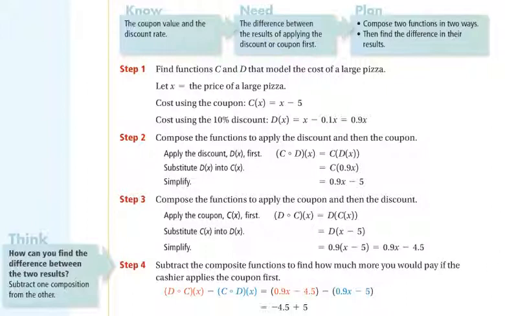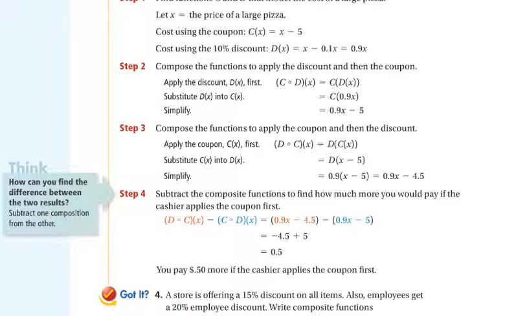All right, subtract the composite functions to find out how much more you would pay if the cashier applies the coupon first. So notice the c is next to the x, so that means coupon was first: 0.9x minus 4.5. And the second one, coupon's last, so 0.9x minus 5. Remember with that subtraction, you're going to distribute it, so you switch the signs.